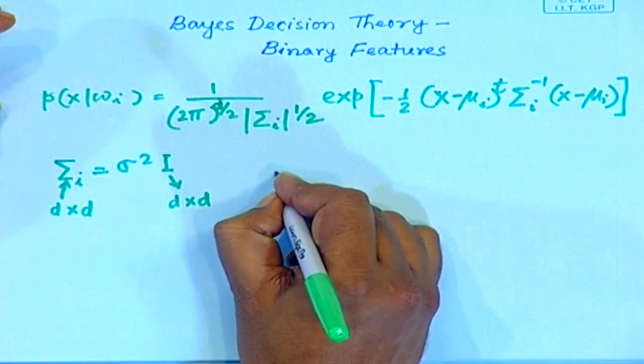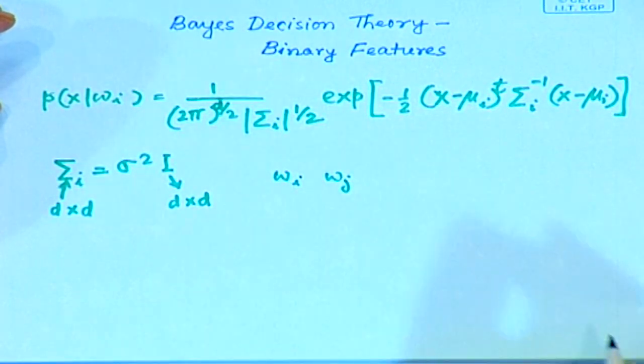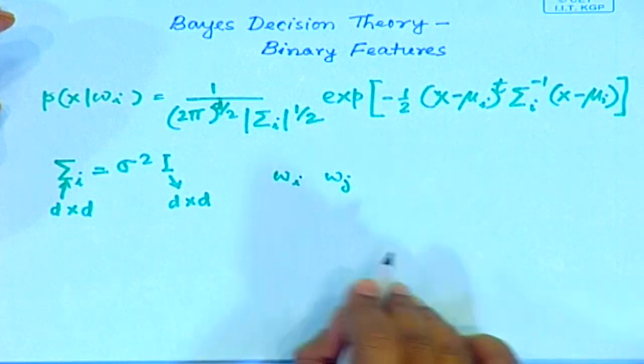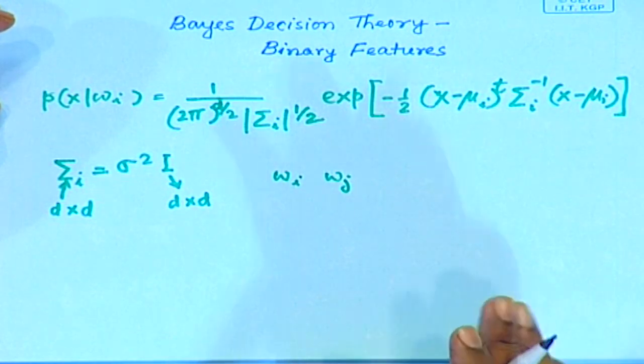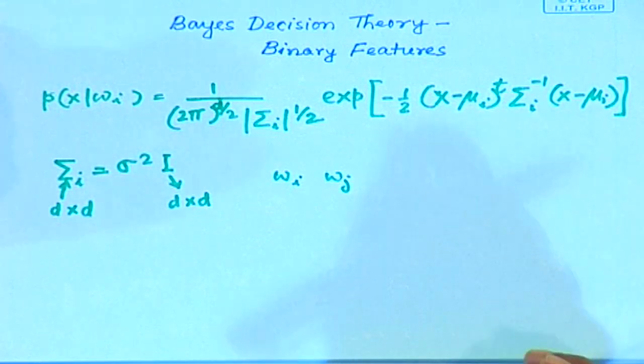In particular, if we want to find out the decision boundary between two different classes, the ith class omega i and the jth class omega j, the decision boundary between these two classes is a hyperplane which is orthogonal to the line joining mu i and mu j, where mu i and mu j are the centers of the classes omega i and omega j.